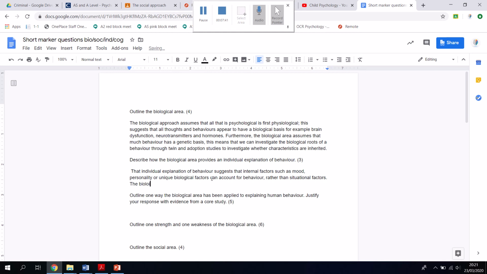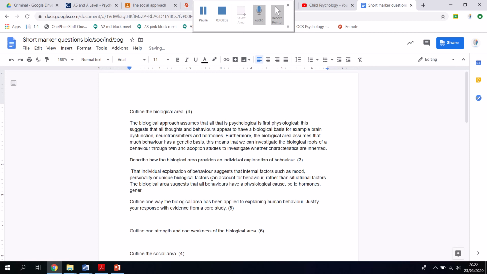The biological area suggests that all behaviours have a physiological cause, be it hormones, genes, or brain structure.